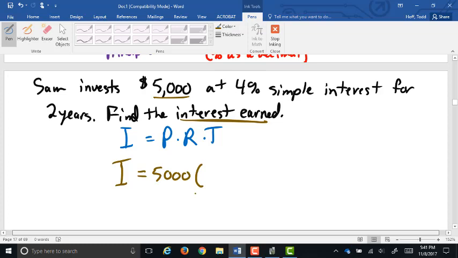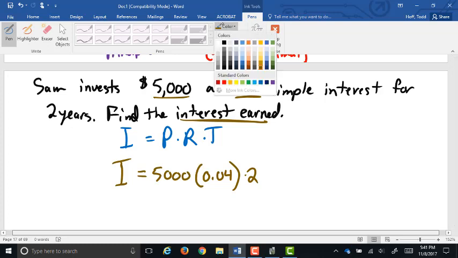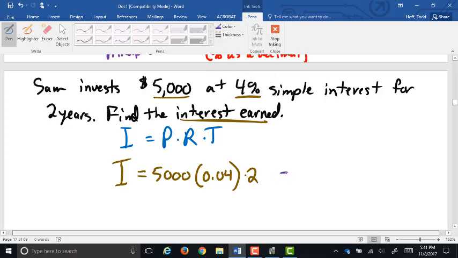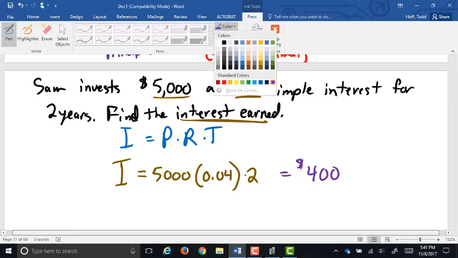Times, do we know R? 4%, but remember R is that percent as a decimal. Good, so 0.04. And T, 2 years, so it's 2. So if we multiply that all out, we get, what, 400 bucks? Does that look right? So $400 interest. That is the amount of interest.